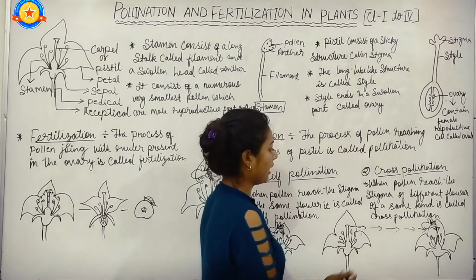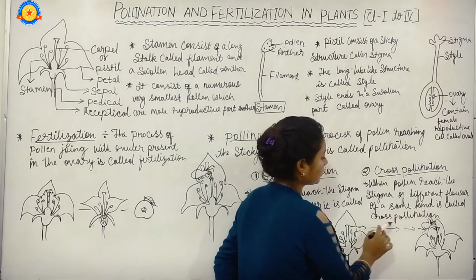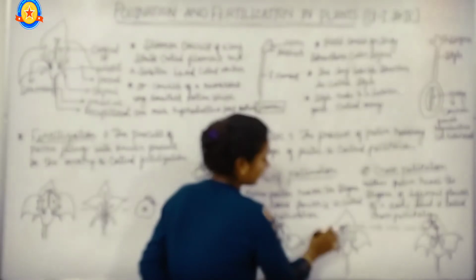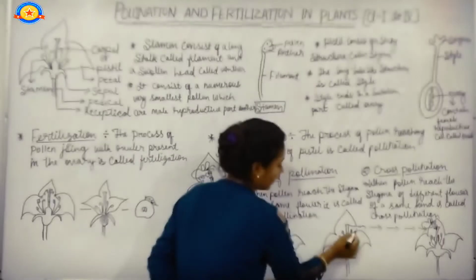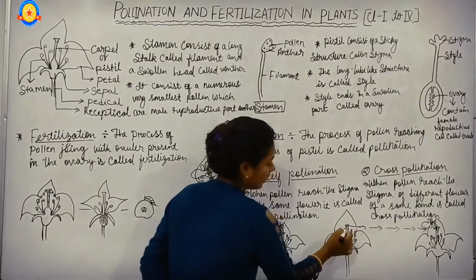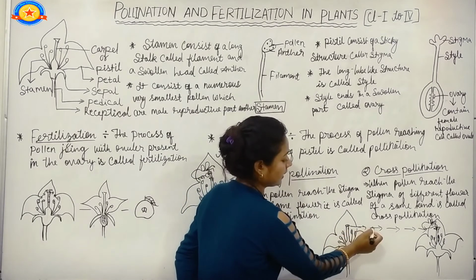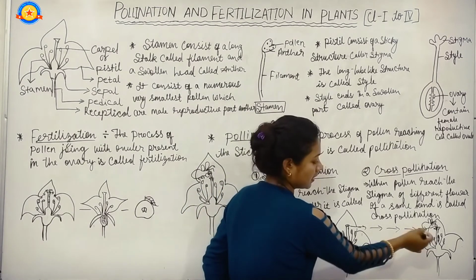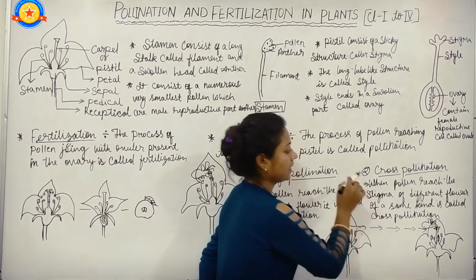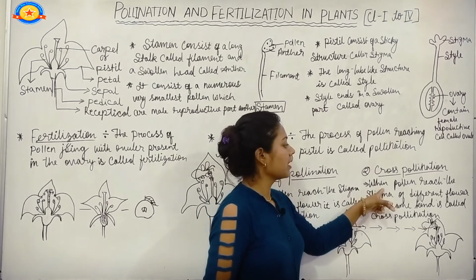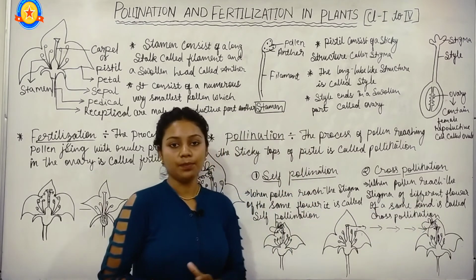And here we have cross-pollination. When pollen reaches the stigma of a different flower of the same kind, it is called cross-pollination. From here the bees or butterflies will suck the sticky juices and take the pollen to other flowers. It will transfer to a different flower. This is called cross-pollination.